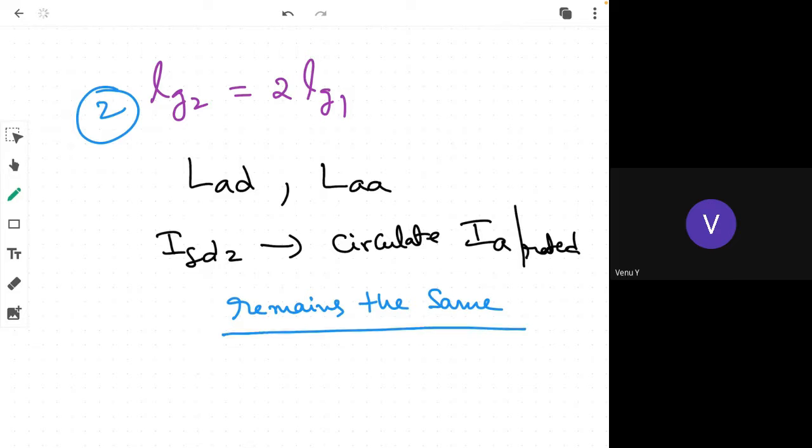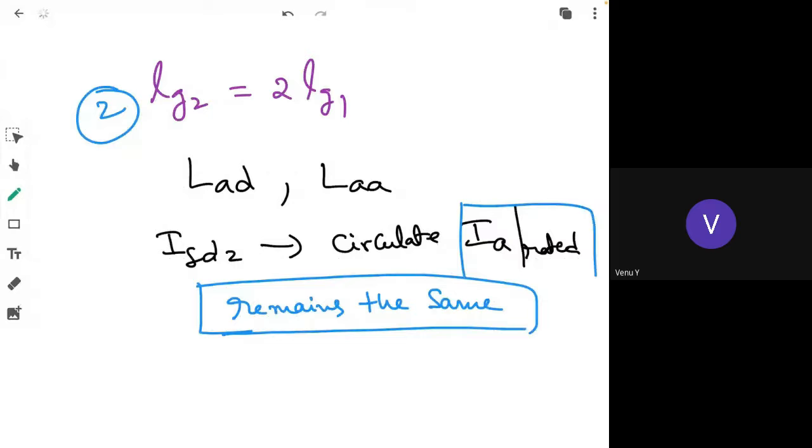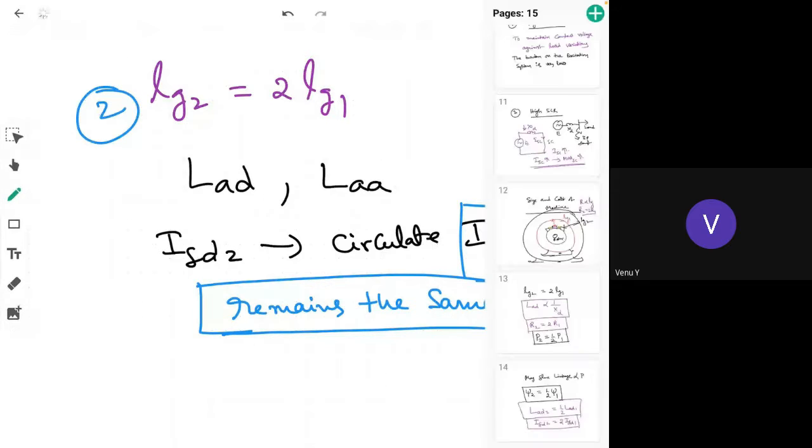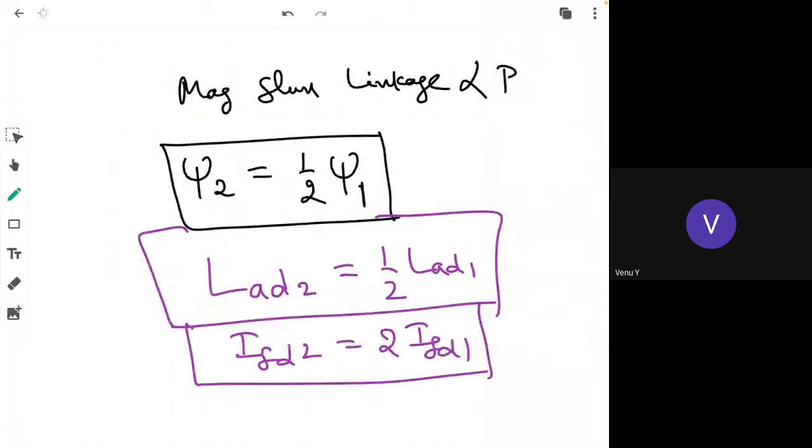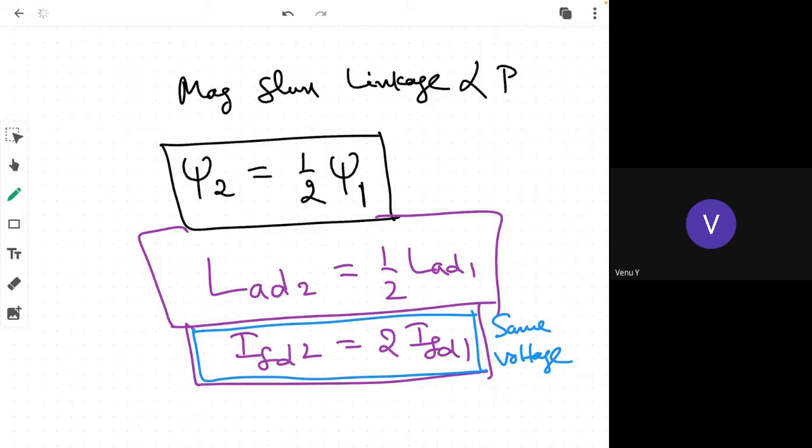The first one, the field current required to maintain the same armature current is the same, whereas to maintain the same open circuit voltage, the field current will be doubled. These two are the important points.